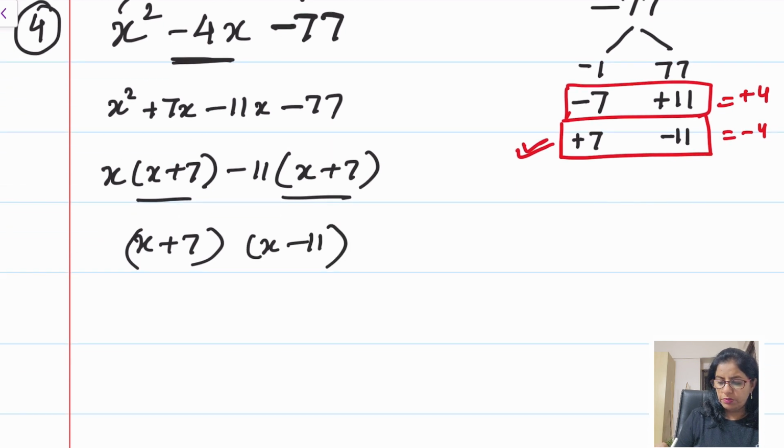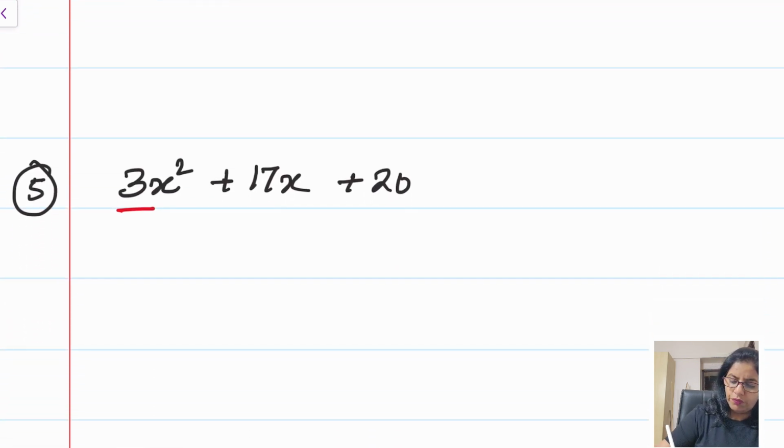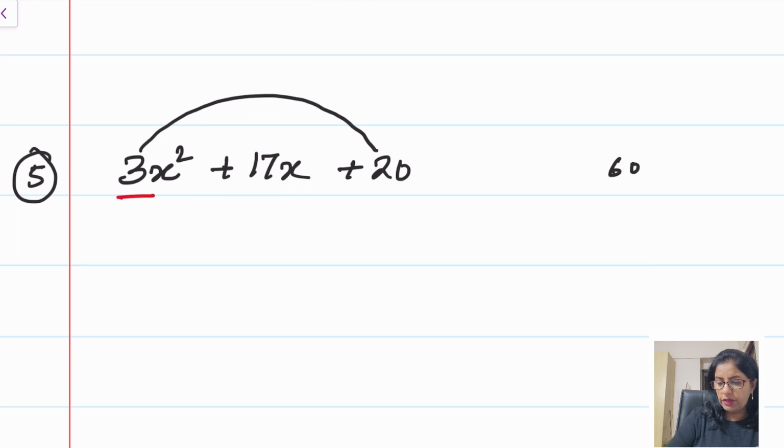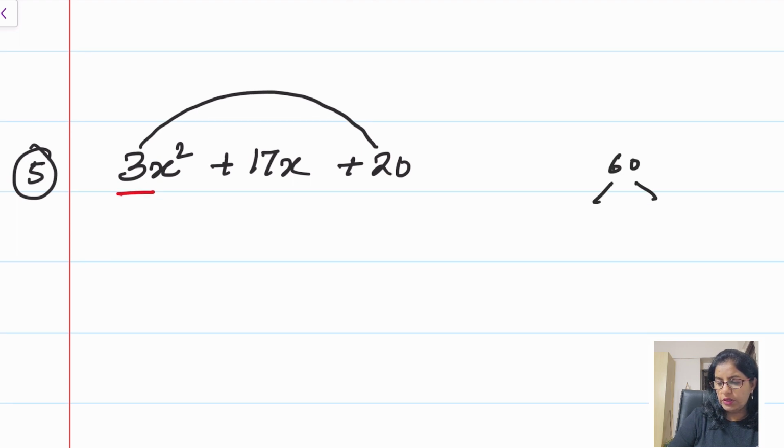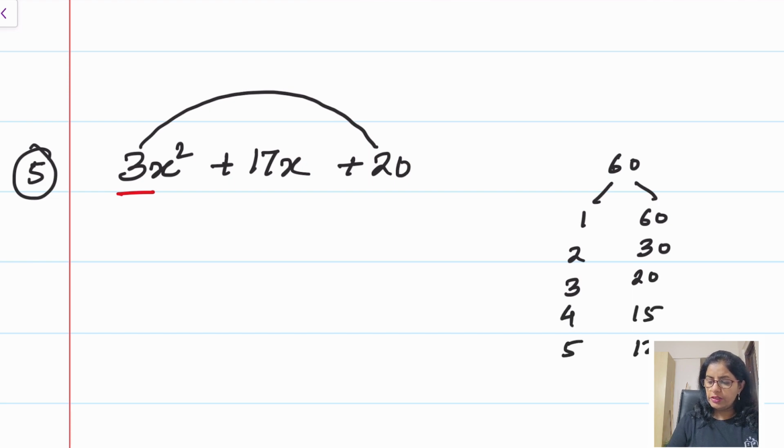Next question. Now here the coefficient of x square is not 1. Then also we multiply, we get 60. Now the factors of 60 that we have: 1 and 60, 2 and 30, 3 and 20, 4 and 15, 5 and 12, which adds up to make 17. Obviously this is our choice.